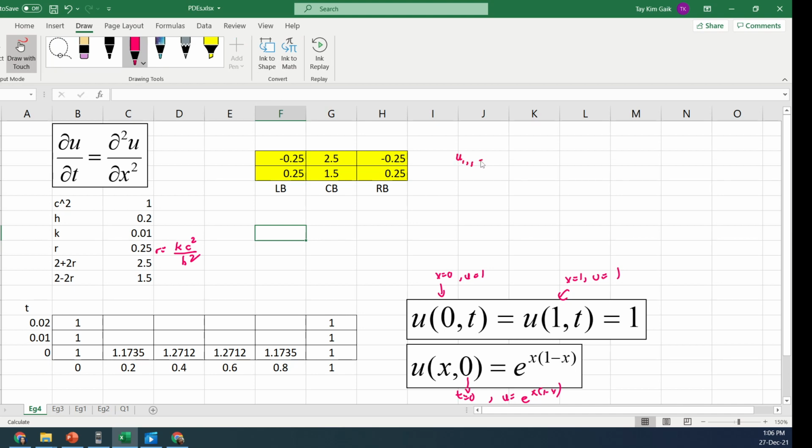So U11 is r, lowercase r, times, because this is equal, bringing it to the other side it becomes positive r, left top plus right top plus left bottom plus right bottom, and plus, this is actually 2 minus 2r, so plus 2 minus 2r times center bottom, the whole thing divided by 2 plus 2r, because the coefficient of the center top that you target, U11, is 2 plus 2r.